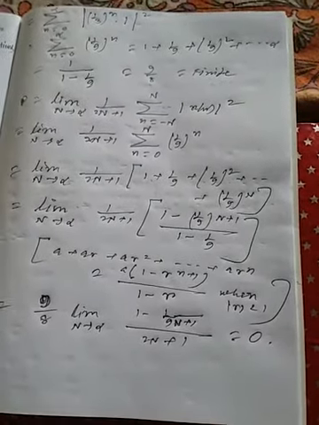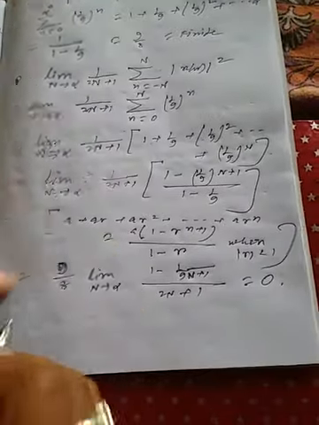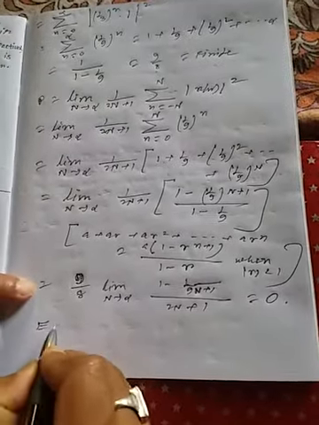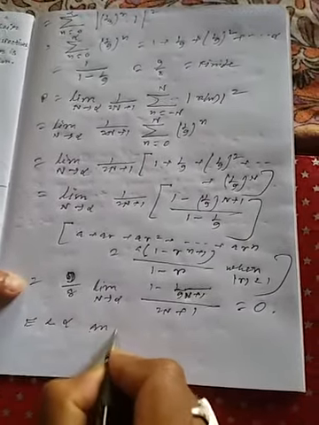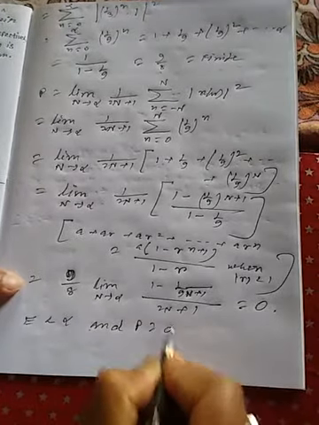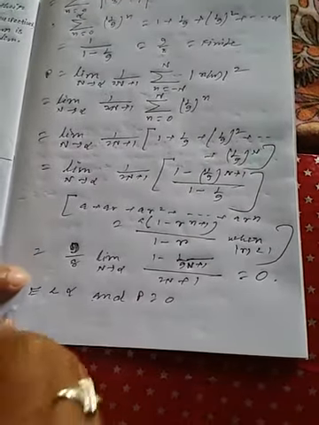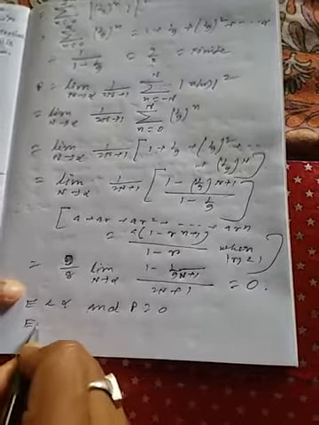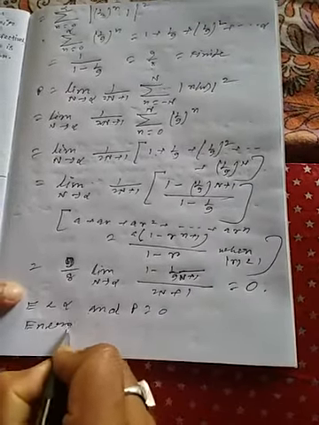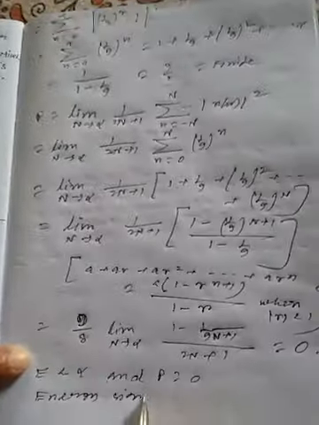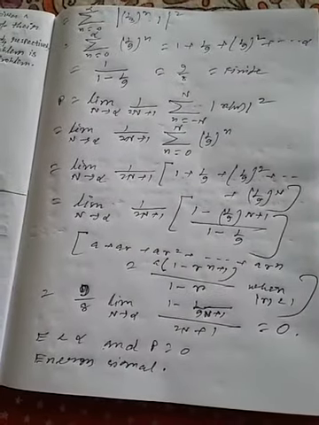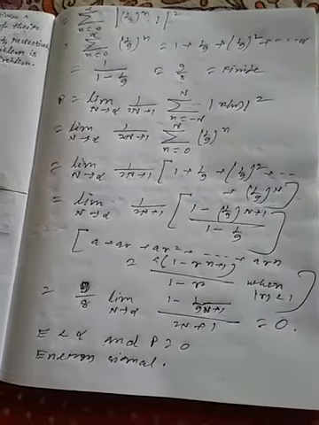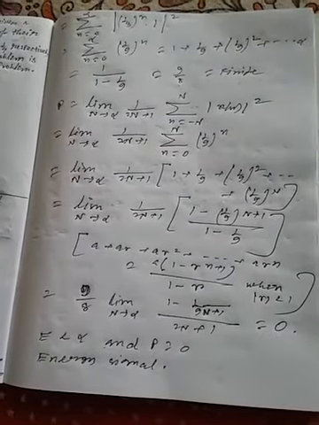So in this case the total energy E is finite and power P is 0. So this is basically an energy signal. These are the steps to find out whether a signal is an energy signal or a power signal.